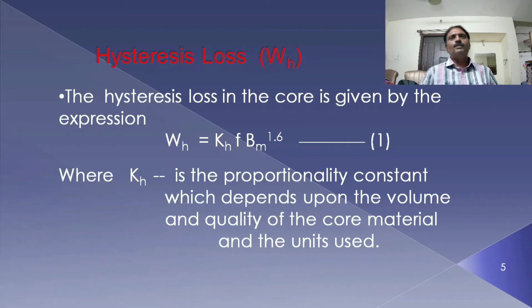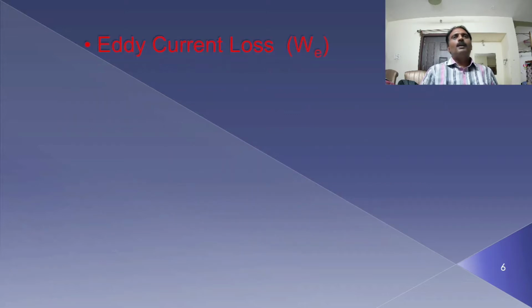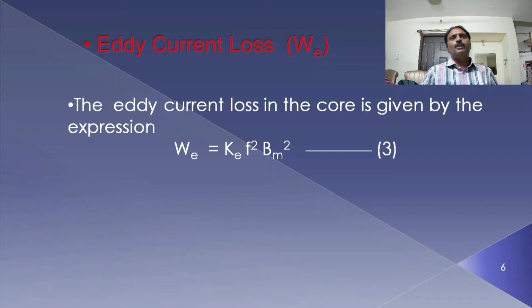This proportionality constant KH depends upon the volume and quality of the core material and also the units that we specify. And for the eddy current loss, the empirical formula is KE multiplied by F square into Bm square.